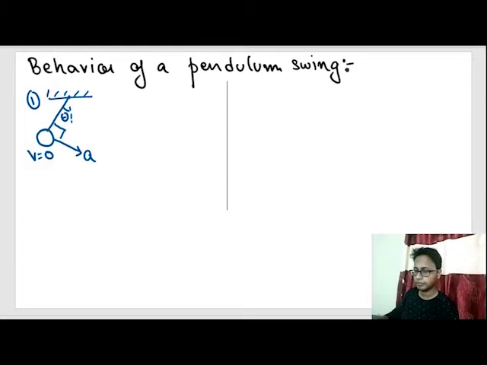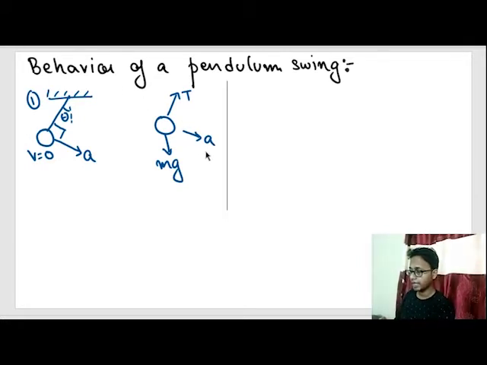Okay. Now let's draw the free body diagram. Tension force acts in this direction, mg force, and acceleration acts in this direction. Now in inclined plane, I have always taught you, always take your component in the direction of the acceleration.